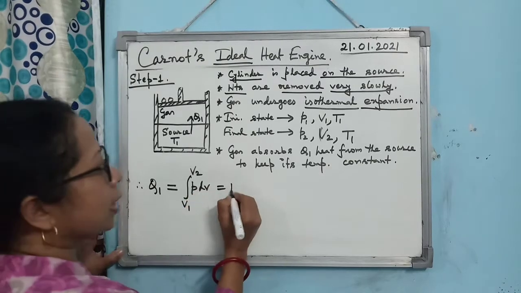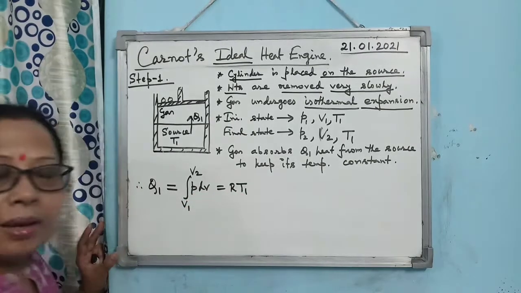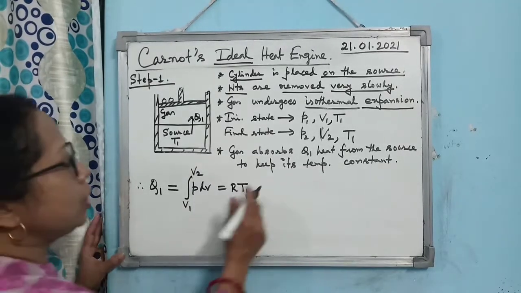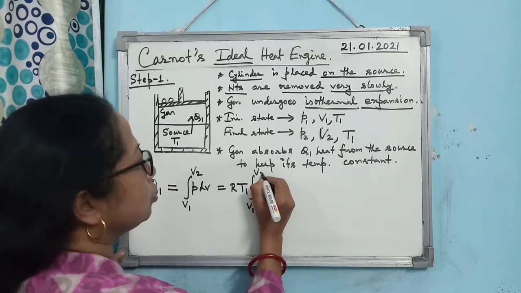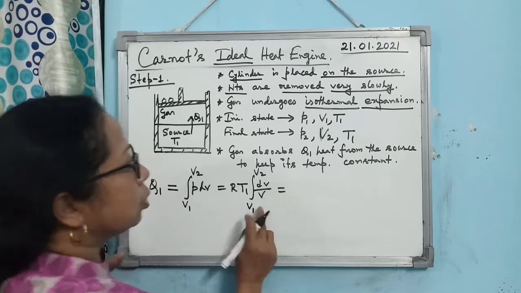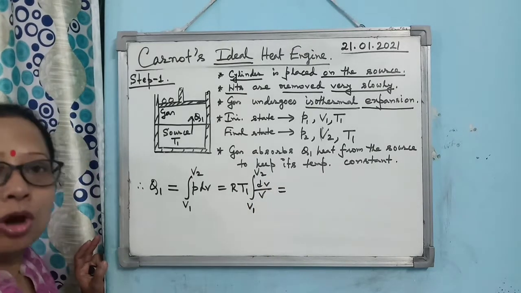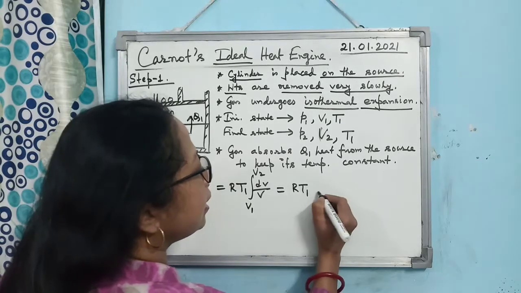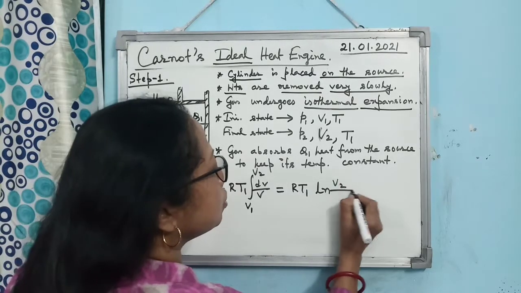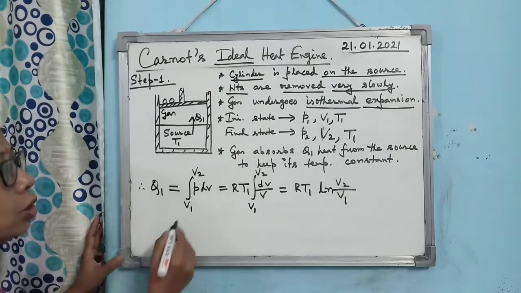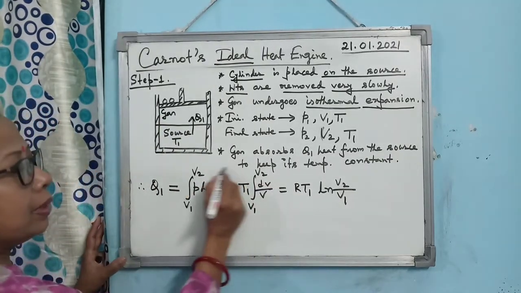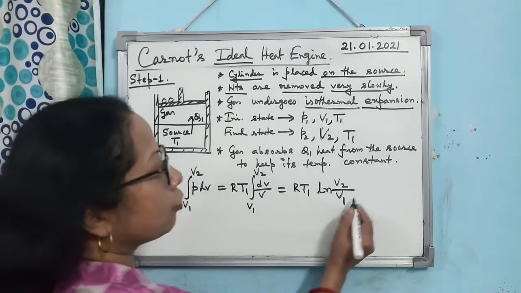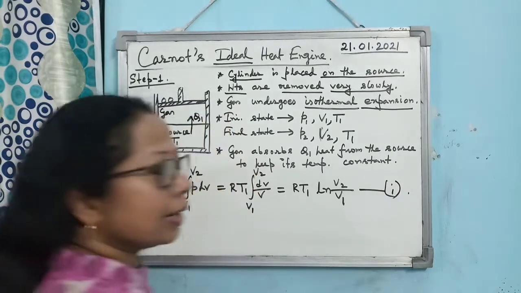Again PdV, you can write P as RT1 by V. So you can write the integral from V1 to V2 of dV by V. The integral of dV by V is log V, and when you substitute the limits V2 and V1, it becomes RT1 log V2 by V1. If you are unable to do these two steps, then directly you can write Q1 is equal to RT1 log V2 by V1. You have to remember this step.